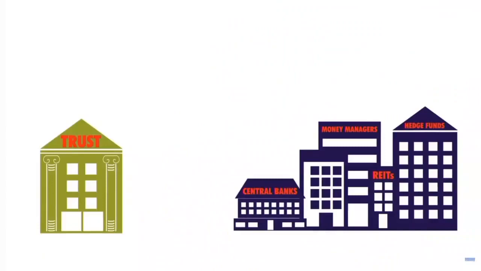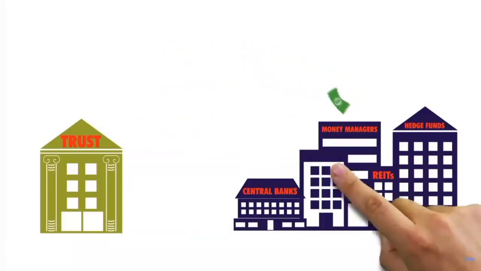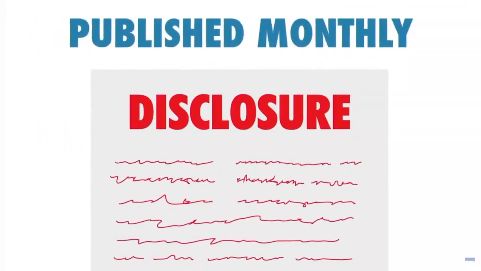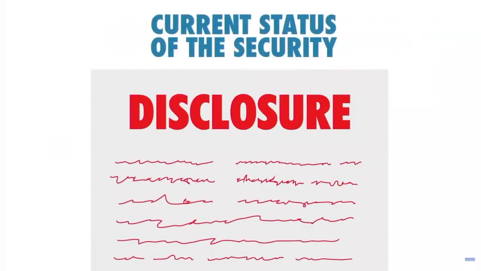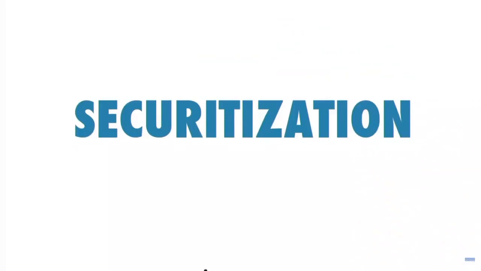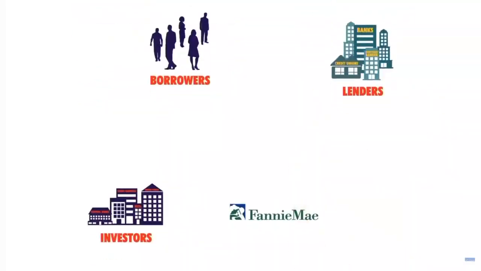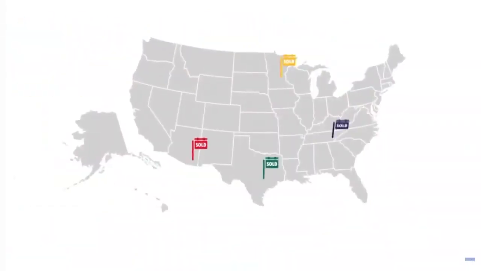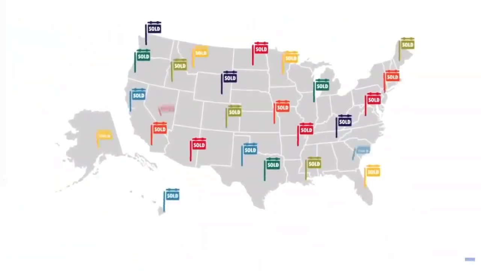Finally, as part of the bond administration, the trust agent releases funds to pay investors who own the mortgage-backed securities. Ongoing disclosures for MBS are published monthly, so investors can see the current status of the security. That's how the securitization process works, connecting borrowers, lenders, Fannie Mae, and investors to fund the hundreds of thousands of mortgages needed every month in the U.S.